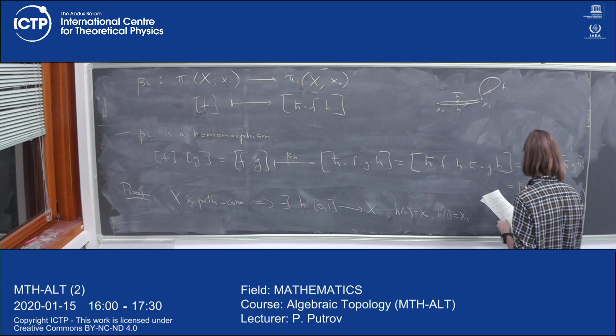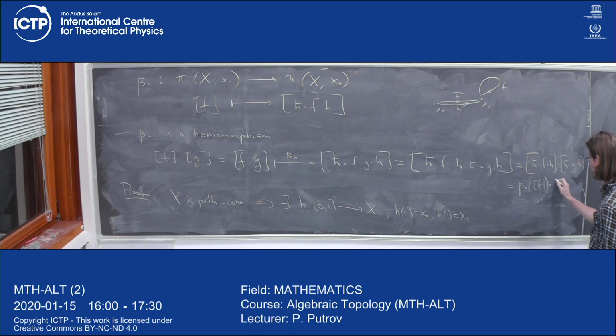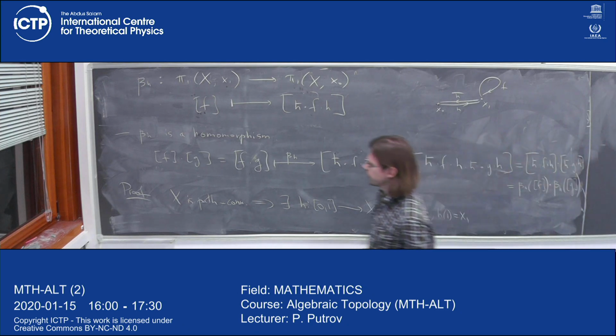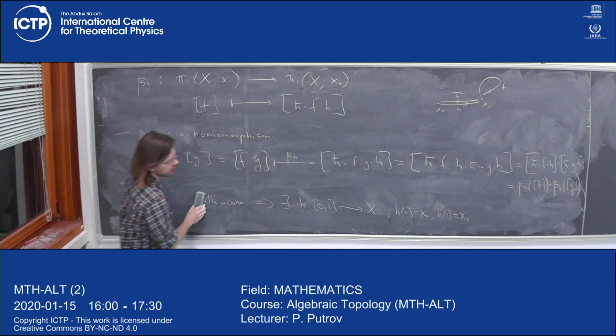Another way I can write this is the value of beta h on the class of f times beta h of the class of f. So this proves that this map is indeed a homomorphism, so it respects the group structure.